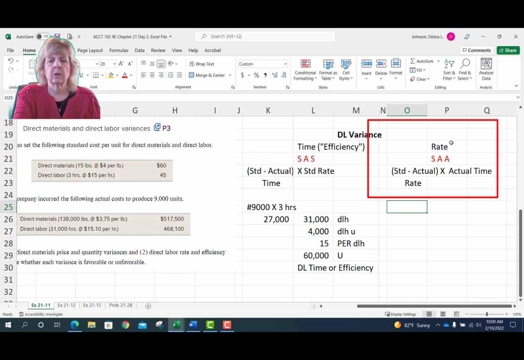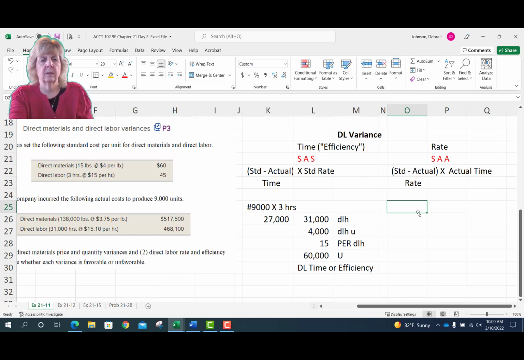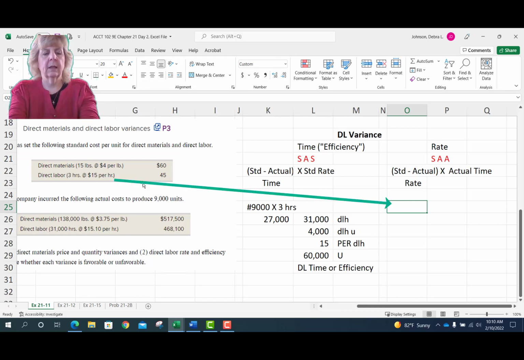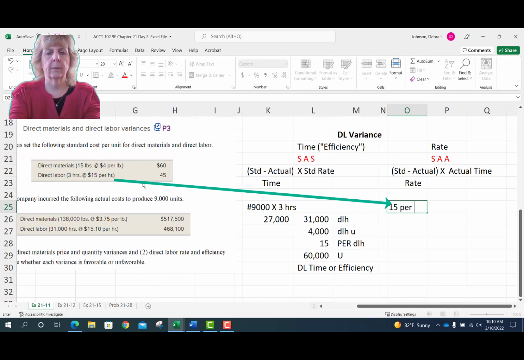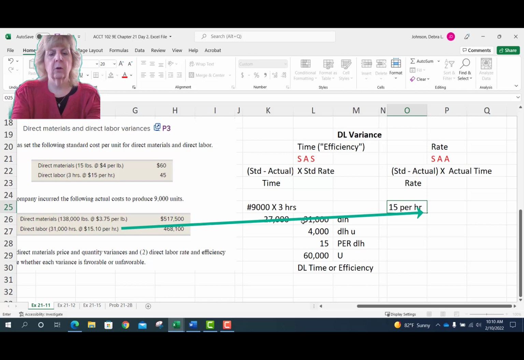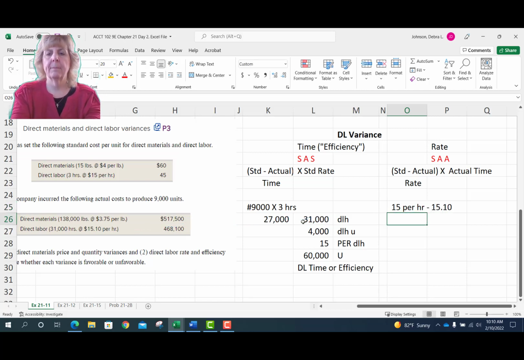Again, whatever variance we're talking about goes inside the parentheses and the other side goes outside the parentheses. In this case, we're taking a look at the rate per hour that they pay their employees. The standard says we were allowed to spend $15 per hour, but we actually spent $15.10 per hour.